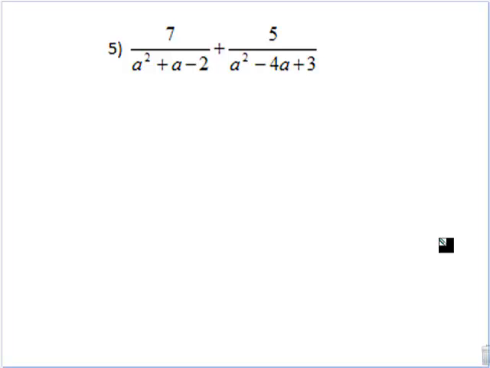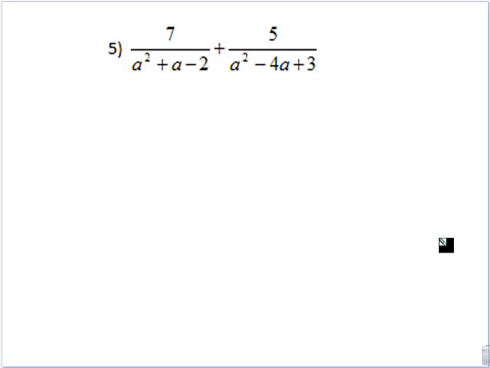Currently, do the denominators look the same? I mean, they're both a trinomial or a quadratic here. But we can't just multiply the first one by a number to get the second. Okay? So here, I'm going to suggest that we factor these denominators, because they might have some factors in common.